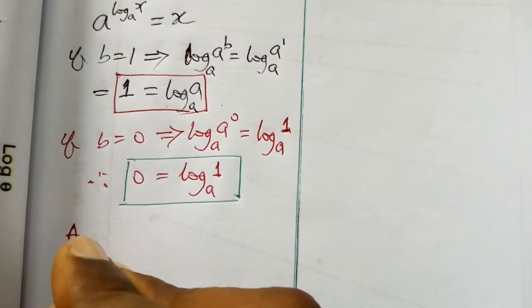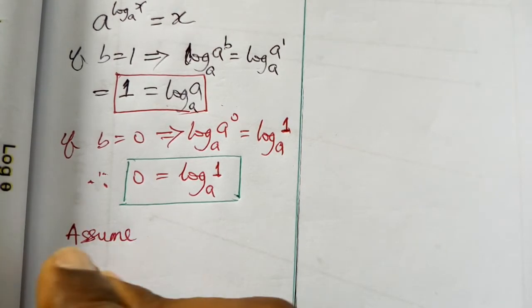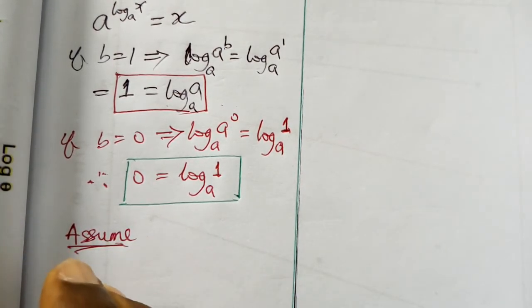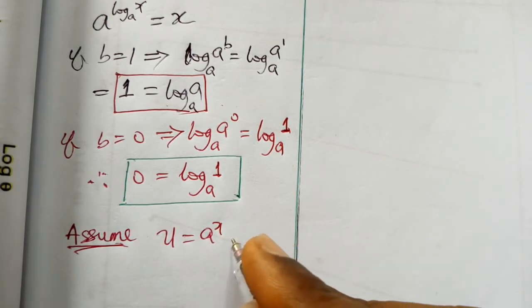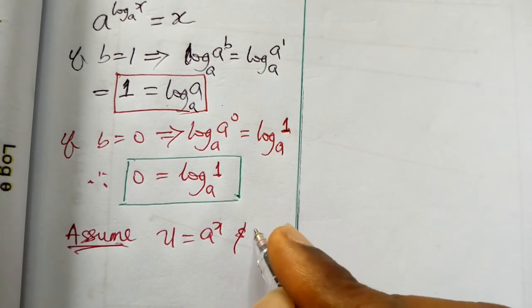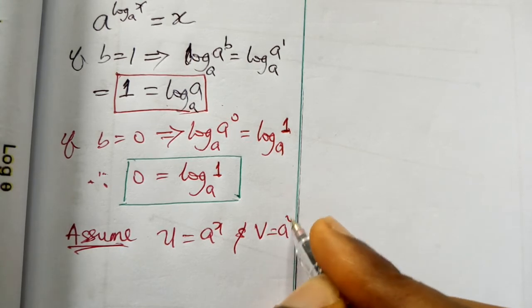So that's it. Now let us assume that u is equal to a^x and v is equal to a raised to power y.